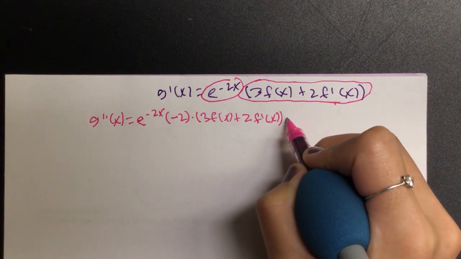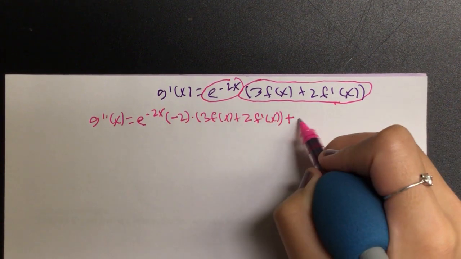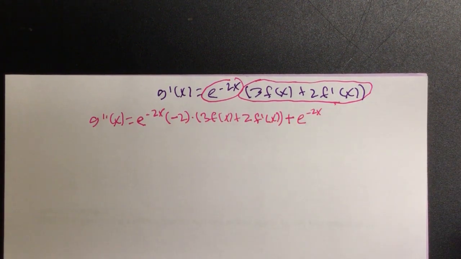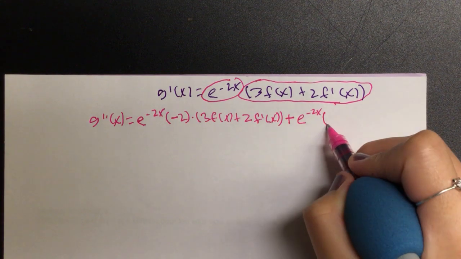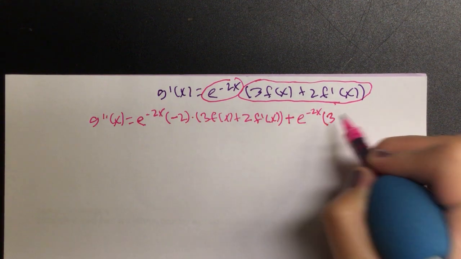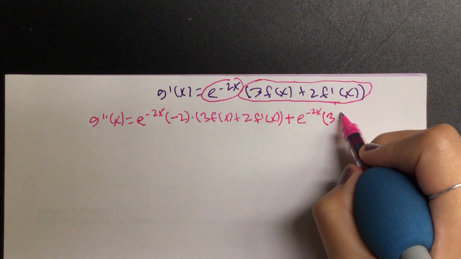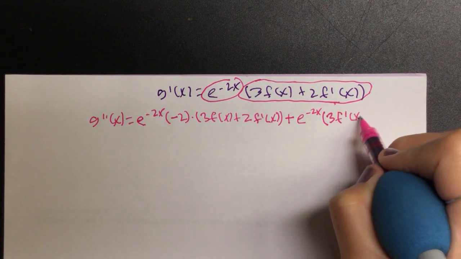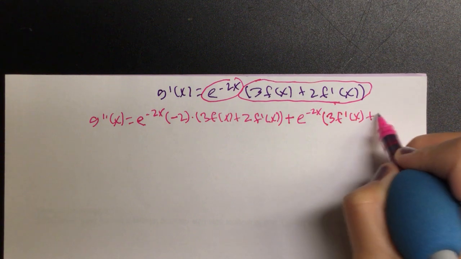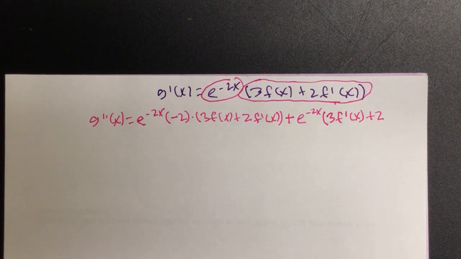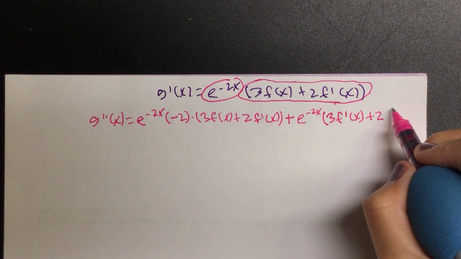And then the rule for the second piece is plus. I keep the first piece, and we derive the inside. When I derive the inside, I'm going to keep the constant. What is the derivative of f of x? F prime of x. Plus 2 times, what is the derivative of f prime? Double prime.